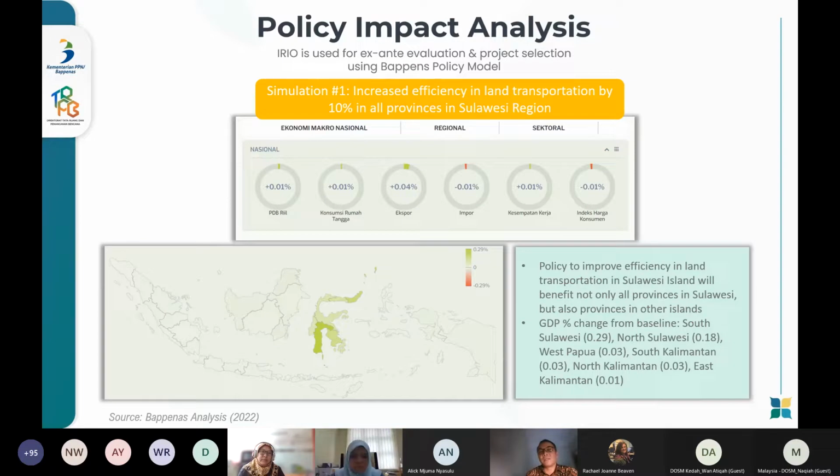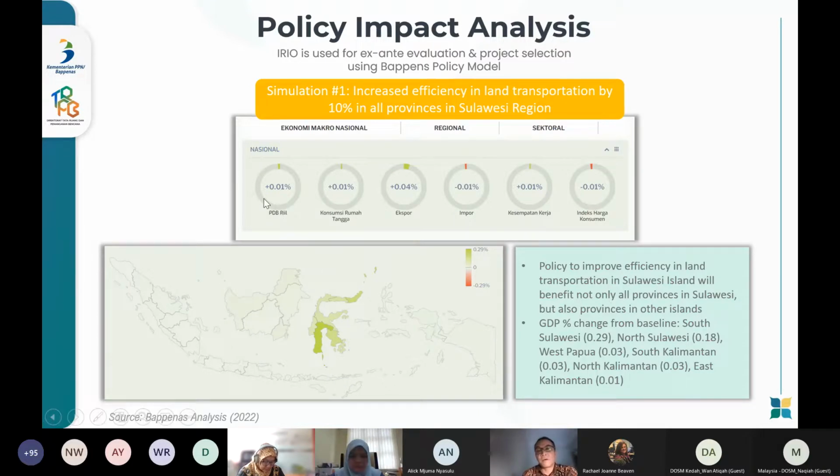For example, it's like an ex-ante policy evaluation. We compare two proposed projects. The first one is an improvement in efficiency in land transportation by 10% in all provinces in Sulawesi Island. So this is the impact nationally.